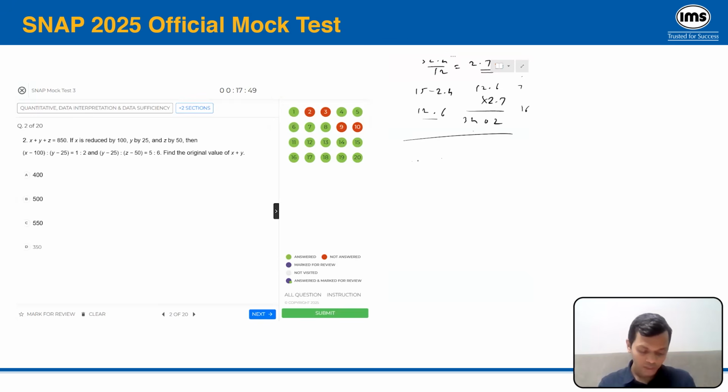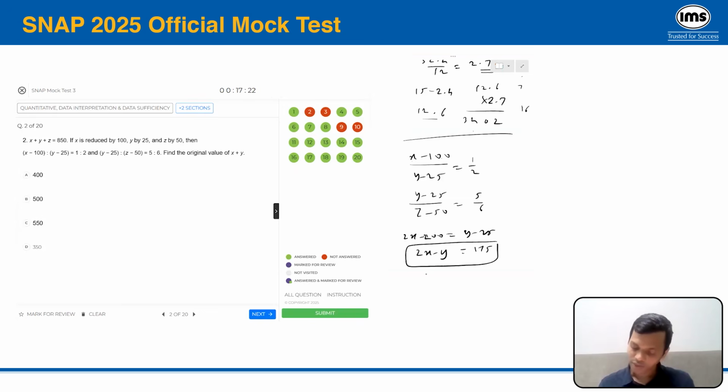If x is reduced by 100, y by 25, z by 50, then okay, the ratios are given. So x minus 100, y minus 25 is 1:2. And y minus 25 upon z minus 50 is equal to 5:6. 2x minus 200 is equal to y minus 25. So 2x minus y is equal to 175.